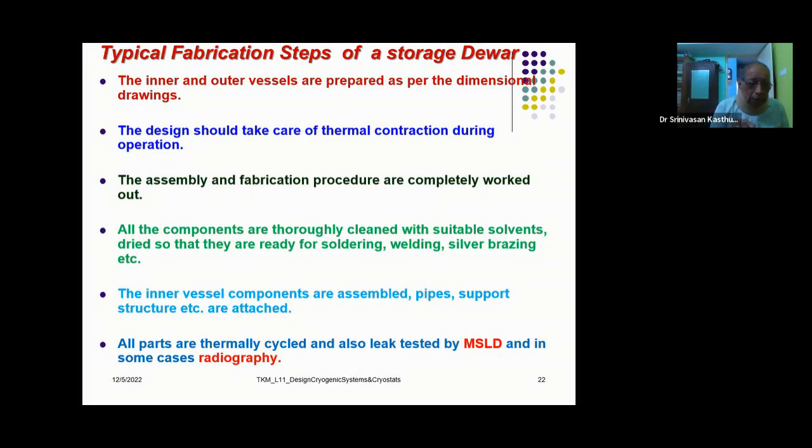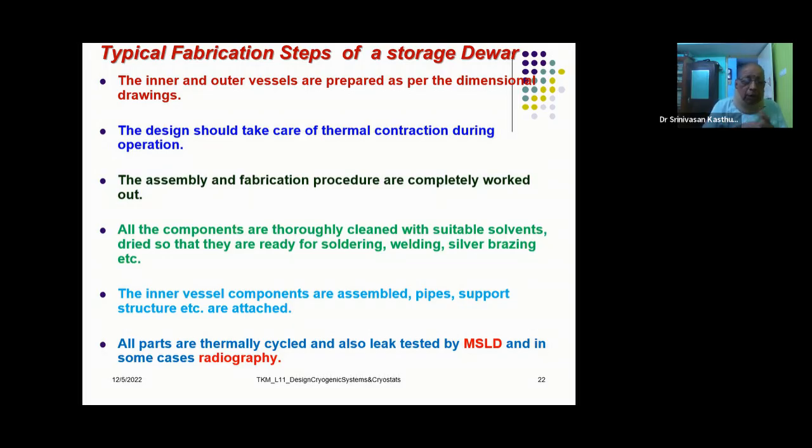First of all, the design should also take care of the thermal contraction during operation. The assembly and fabrication procedures should be completely worked out, step by step. After doing all this, you procure all the components, you fabricate the inner vessel, you fabricate the outer vessel, maybe not completely assembled.